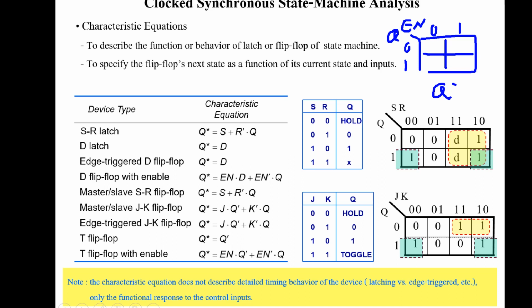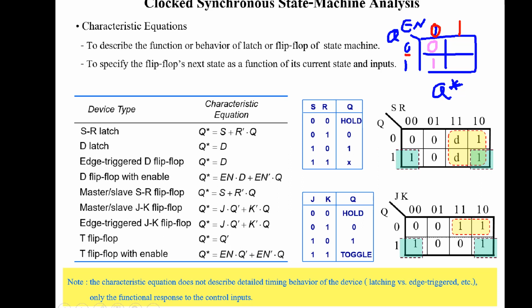And for Q star, if EN is 0, nothing changes. The value of Q star will be 0 here and 1 here, right? Because it's 0 here, it must be 0, and 1 here, so it must be 1, the same thing. But with enable active, 1 is toggle, right?